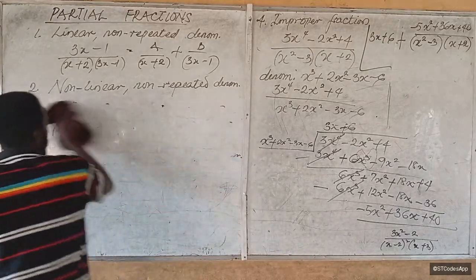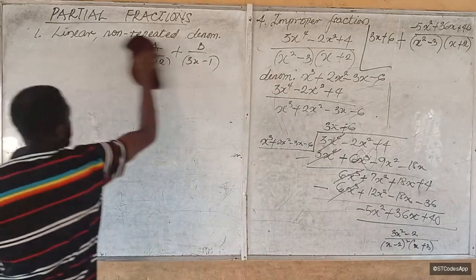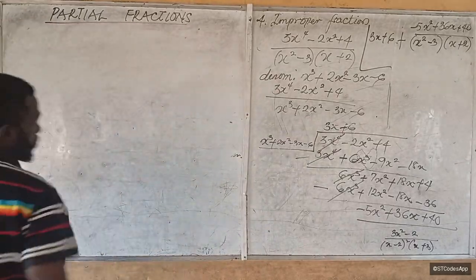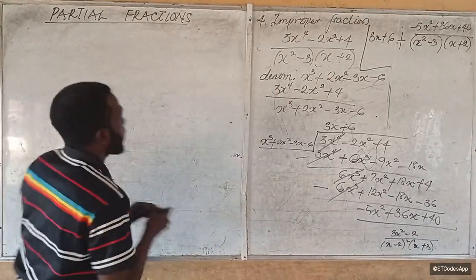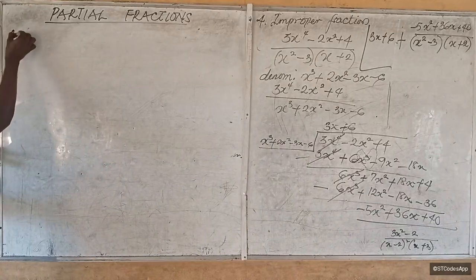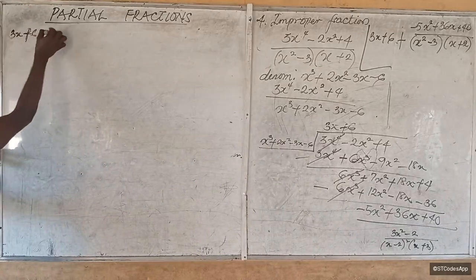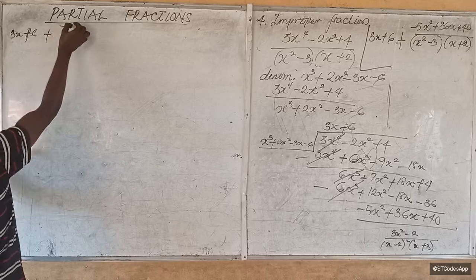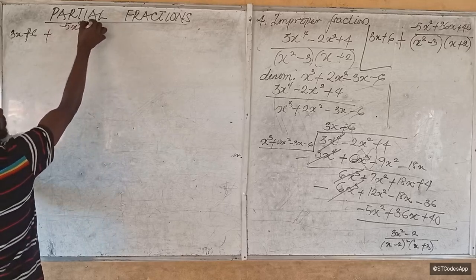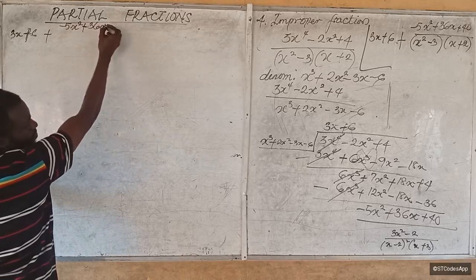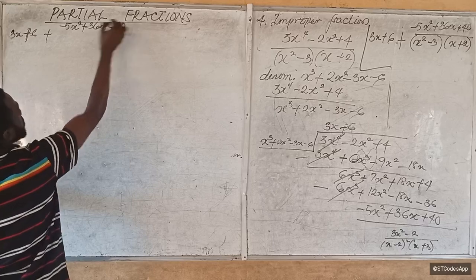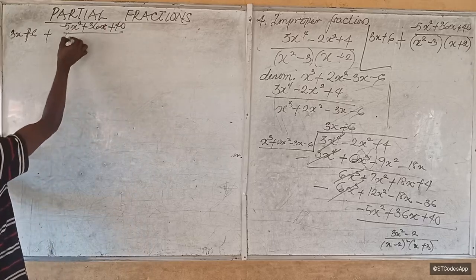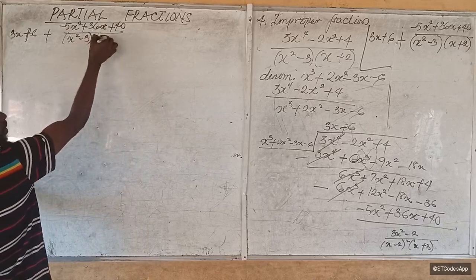So in order to solve that, I'm going to use the second approach, not the cover-up technique now. I'm going to be using equating coefficients. So I have this as my question. My question has become 3x plus 6 plus minus 5x squared plus 36x plus 40 all over x squared minus 3x plus 2.